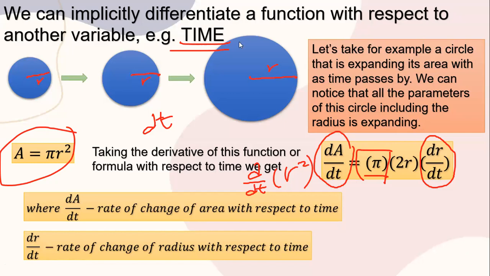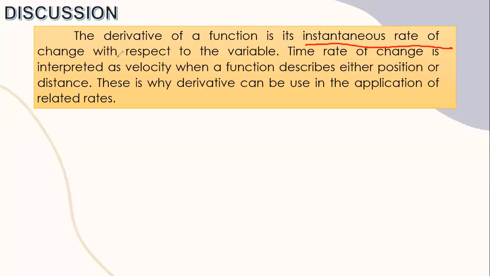So for our discussion, we have the derivative of a function is its instantaneous rate of change with respect to the variable. So kanina, with respect to time, that is the instantaneous rate of change of, for example, dA over dt.